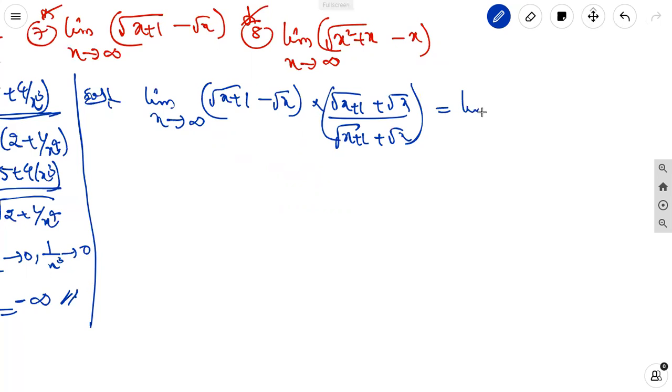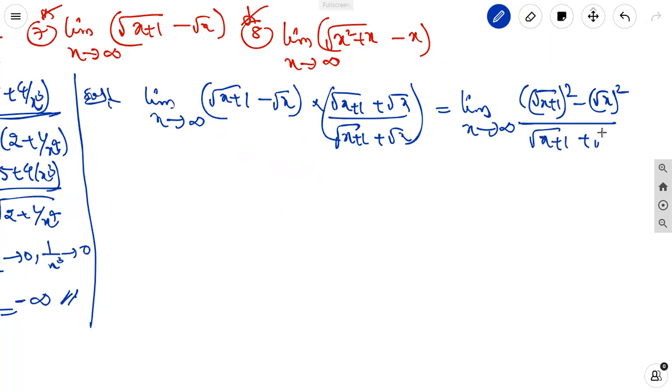Here it is equal to limit x tends to infinity a minus b into a plus b, a square minus b square, that is root of x plus 1 whole square minus root x whole square by root of x plus 1 plus root x. The square root and square cancel, it is x plus 1 minus x by root of x plus 1 plus root x.